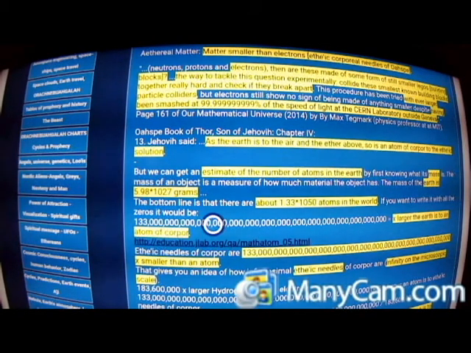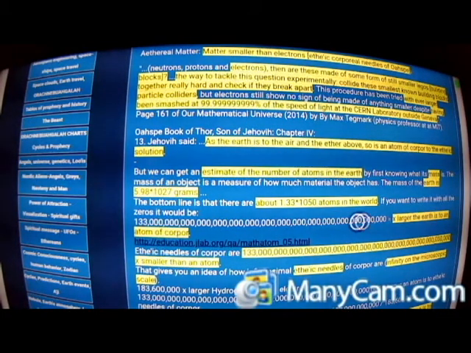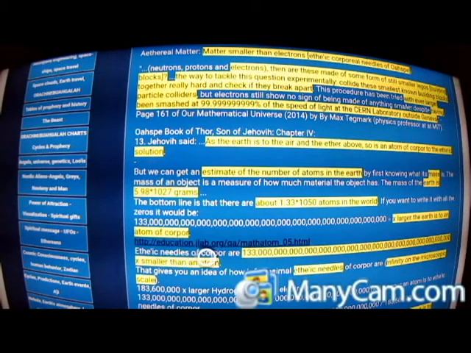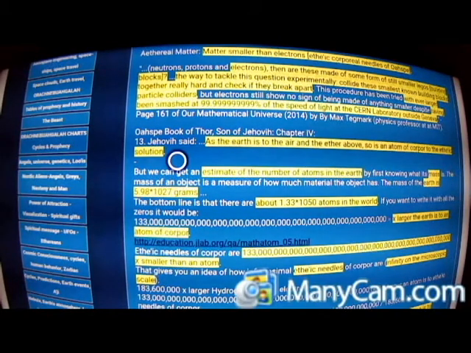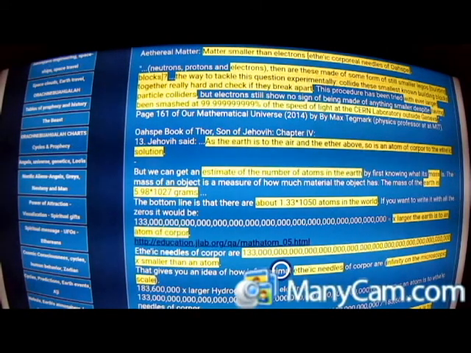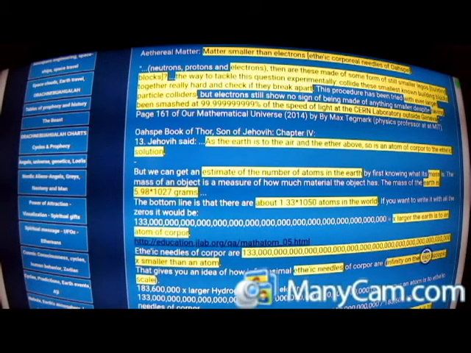So that would be how many times larger the earth is to an atom, or that represents how much larger an atom of copper is to the etheric solution. This gives you an idea of how infinitesimal etheric needles of copper are. Infinity on the microscopic scale.